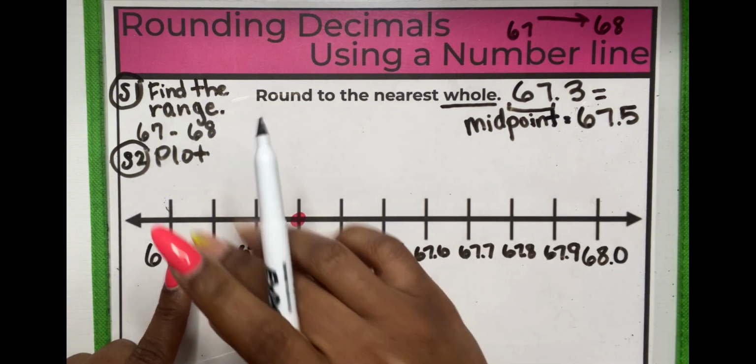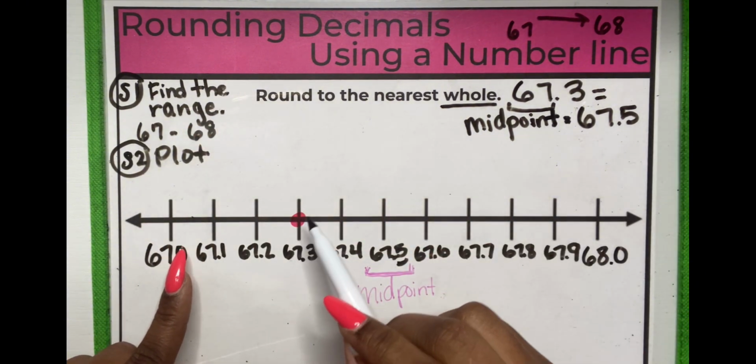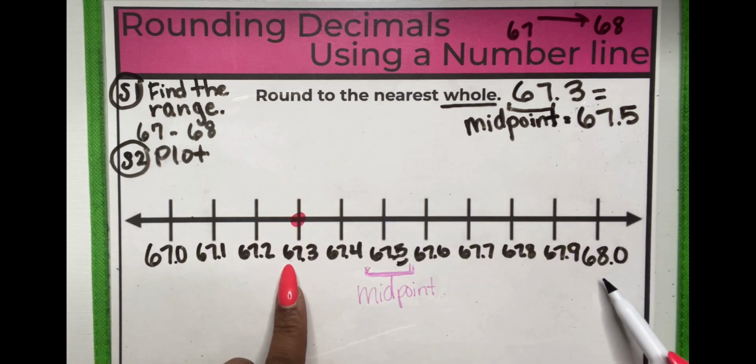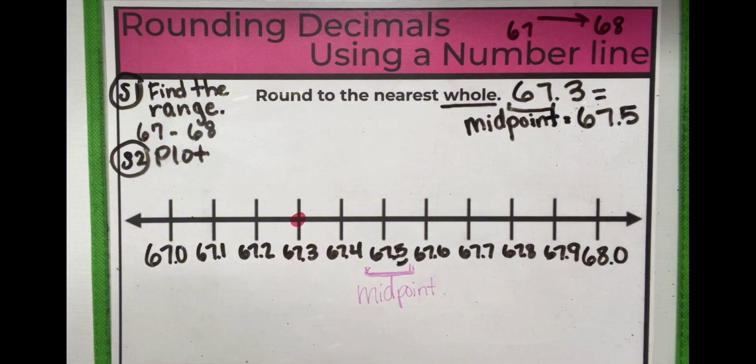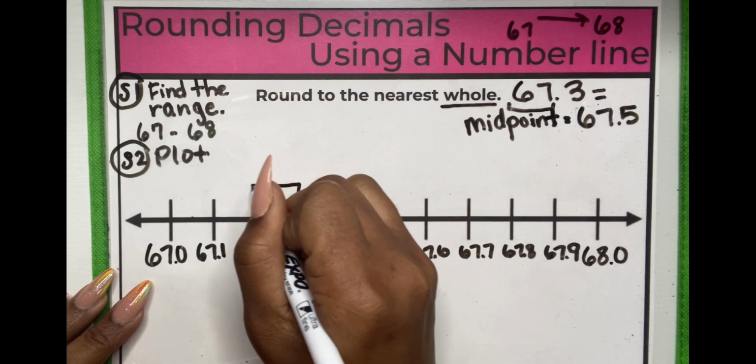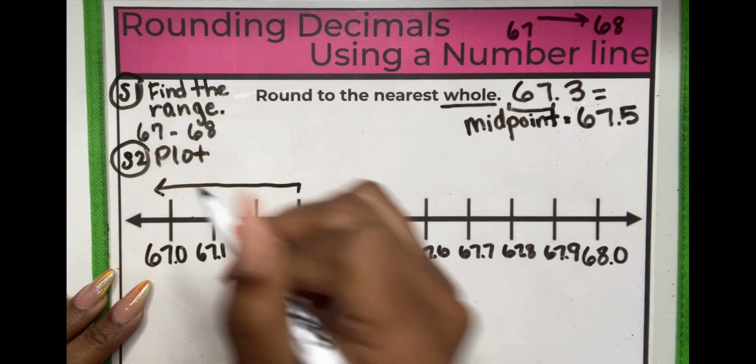Is it going to round down? Or is it closer to 68? Will it round up? Hopefully you said that it's going to round down to 67.